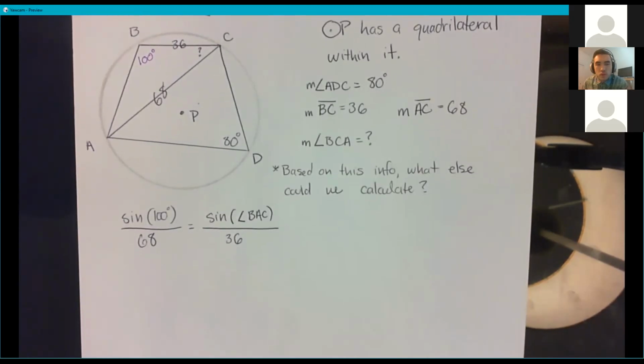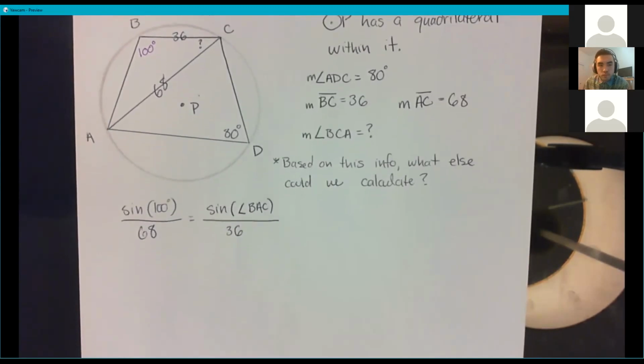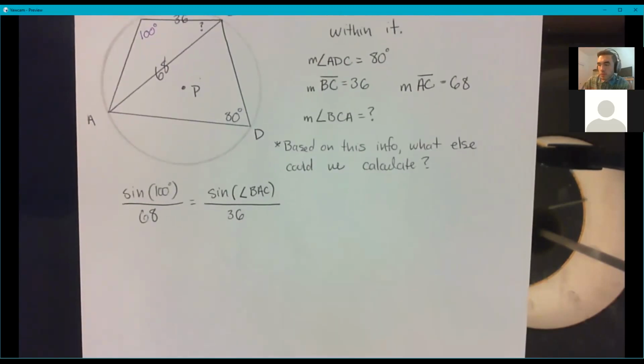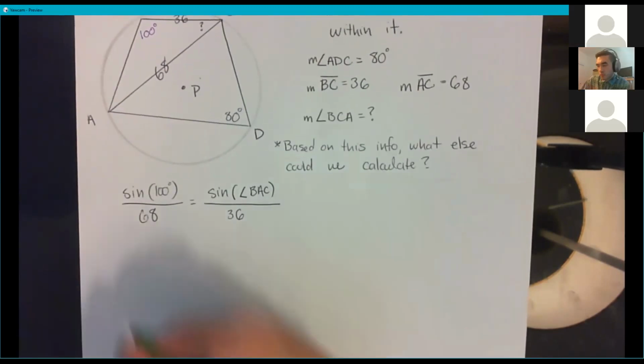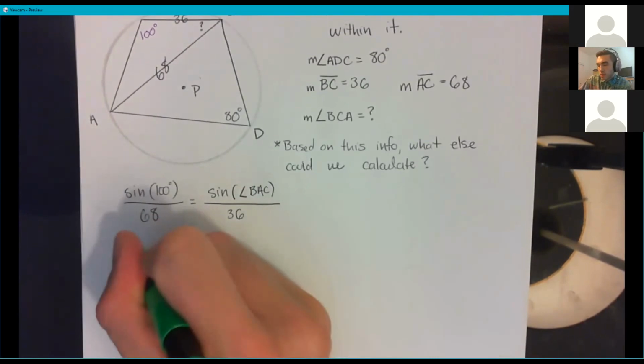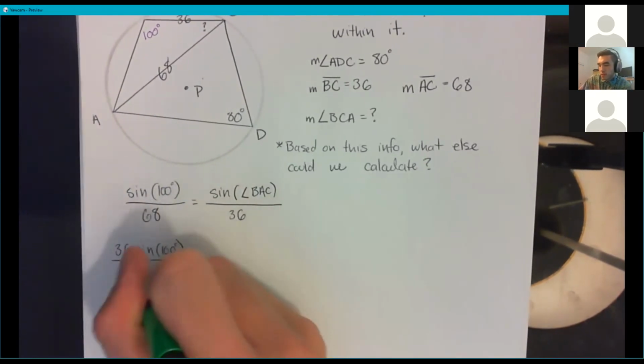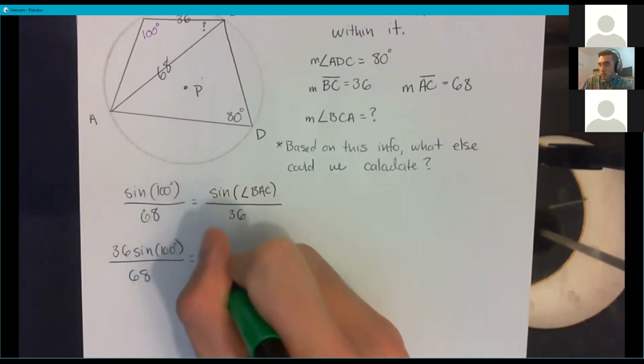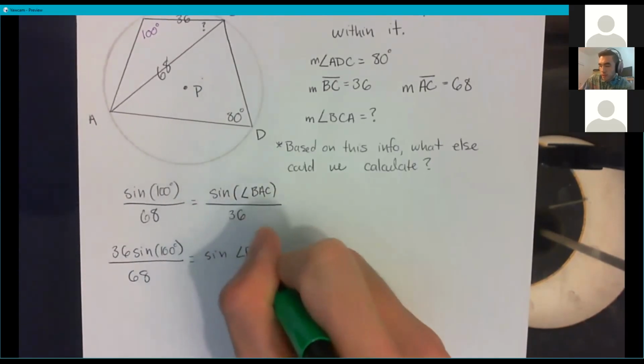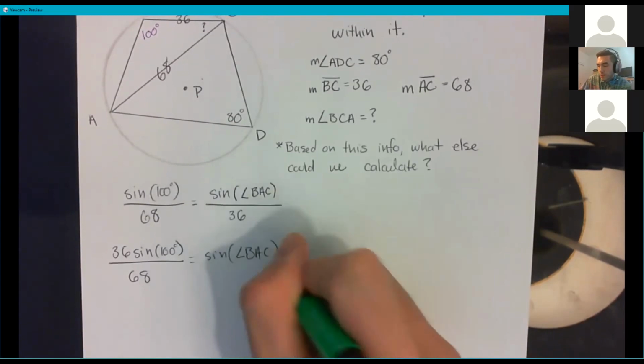So how can I get the measurement of angle BAC alone? What algebra do I have to do to untie this knot? Multiply both sides by 36. That'll give us 36 sine 100, then divided by 68, equal to sine of angle BAC. And what undoes a sine?